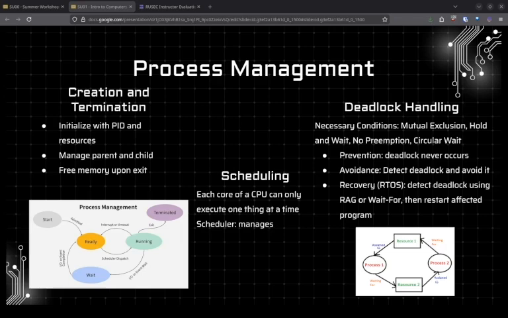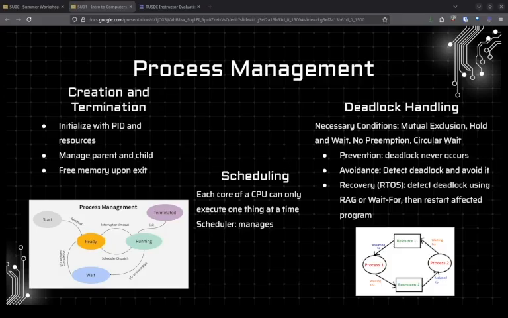And when a program is done, the kernel can free the memory when it exits. Upon termination, whether by the program exiting successfully or being terminated externally, all of the resources are freed and can be used by other processes in the system.